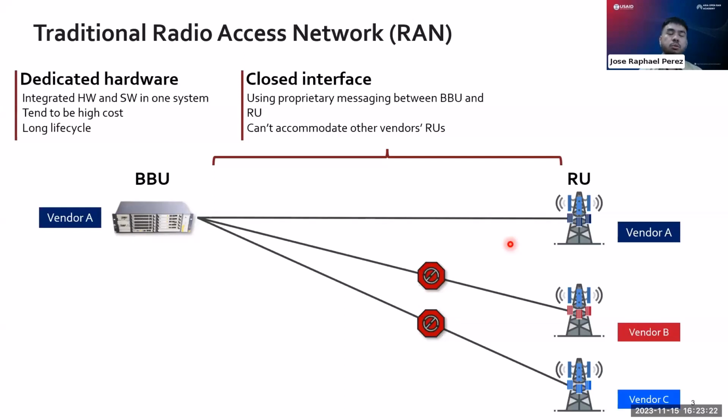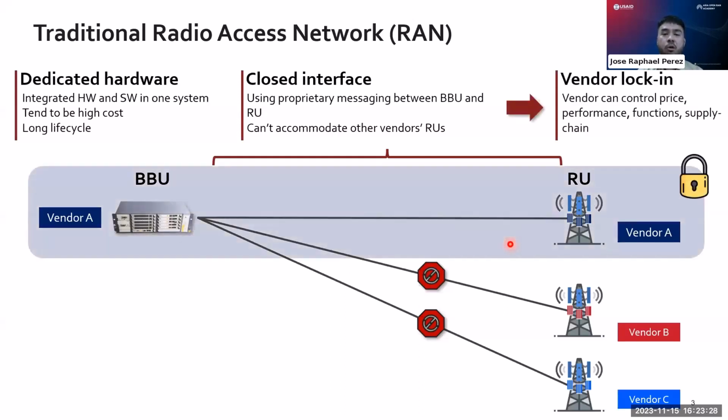For these two characteristics, telcos are locked in to a certain telco vendor, in which the vendor has full control of the pricing model, performance, functions and features, and supply chain. These factors are among the pain points that telcos currently experience.